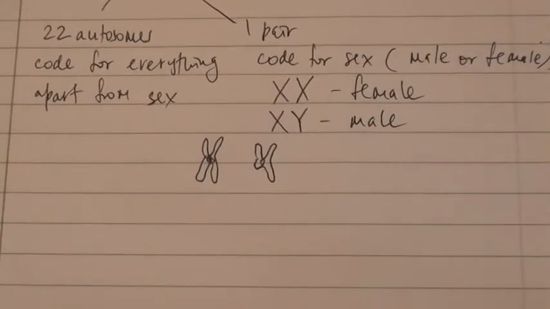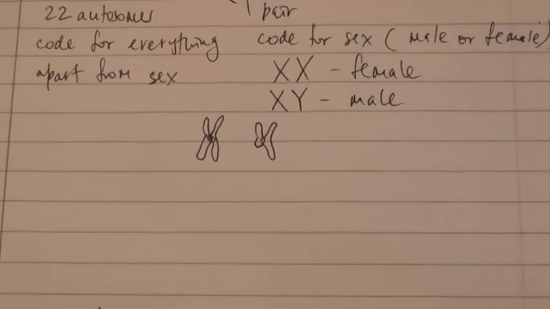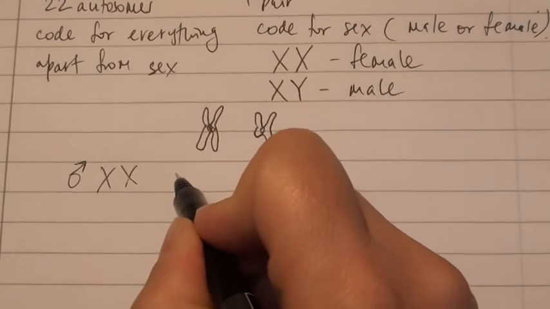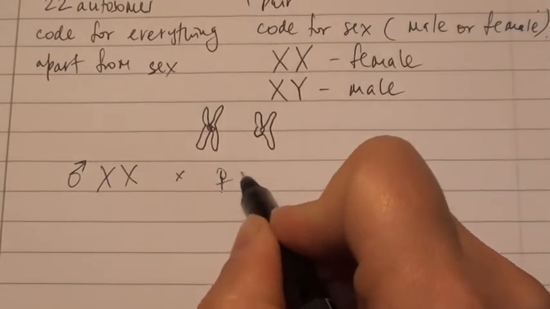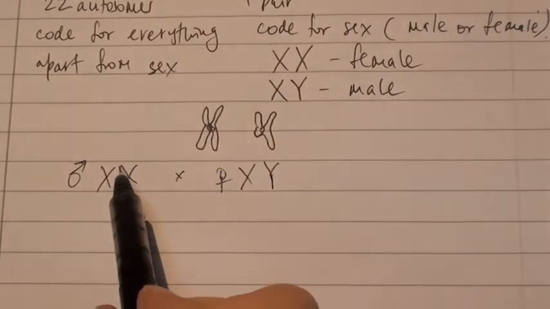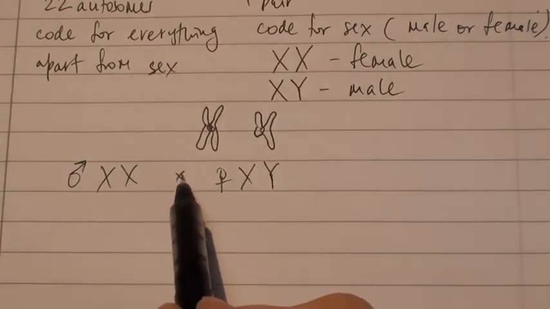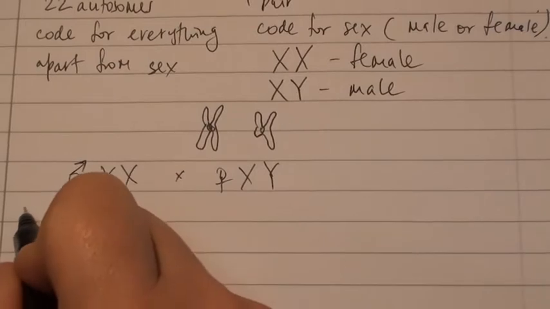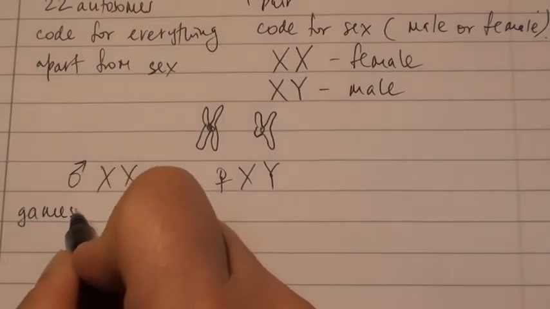So let's take a simple monohybrid cross like we did before. So you have a male, XY, crossed with a female, XX. Don't get confused, right? The little x is to show that it's a cross. So the same as before, gametes.